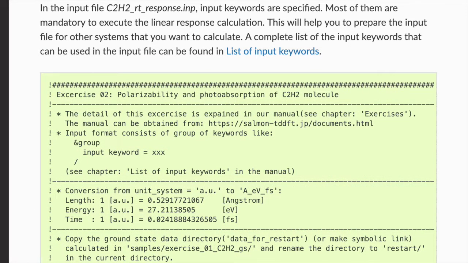Let us examine the contents of the input file C2H2_RT_response.inp. Most of the content is identical to that in the input file used to calculate the ground state. Here, we consider only the differences.